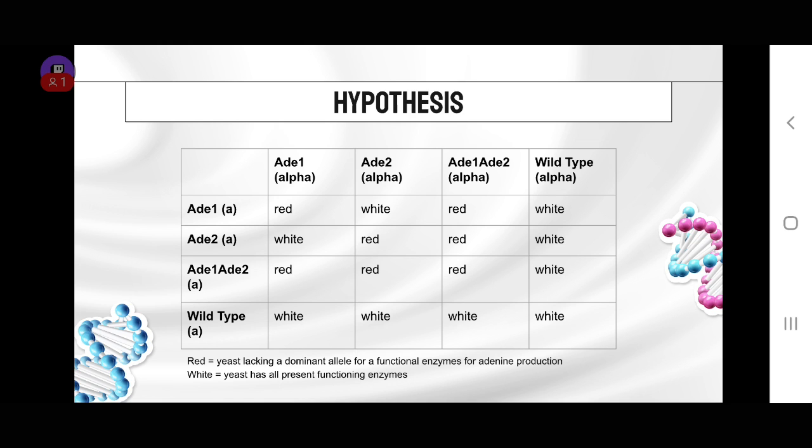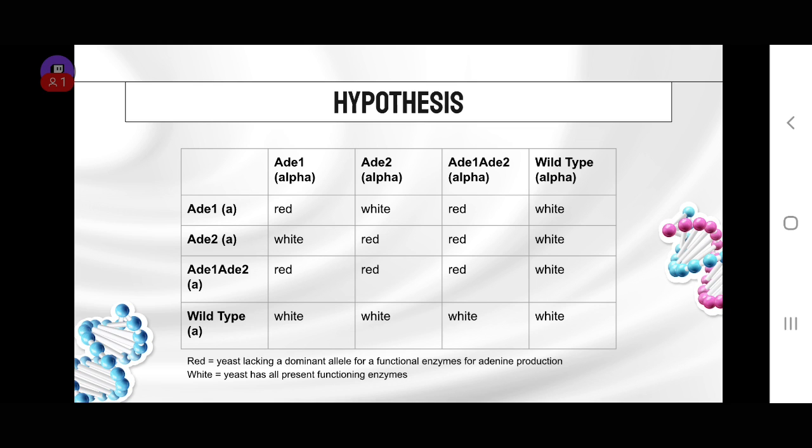We have here a marking of red and white. A red colony would determine a yeast lacking a dominant allele for a functional enzyme for adenine production. A white colony resulting from the cross would determine that the yeast has all present functioning enzymes. For example, if we took an ADE1 alpha mutant and crossed it with an ADE1 A-type mutant, the offspring are predicted to be red, since the ADE1 mutant is recessive for that ADE1 enzyme, which is essential in that pathway.